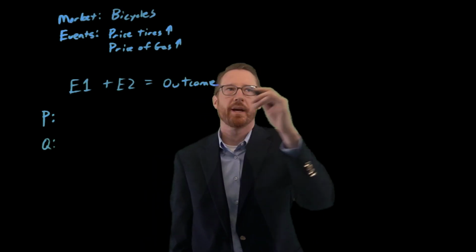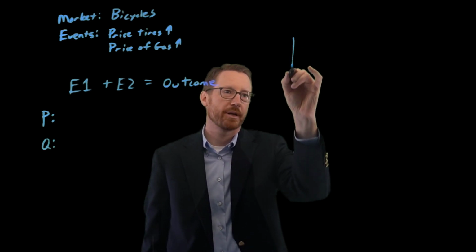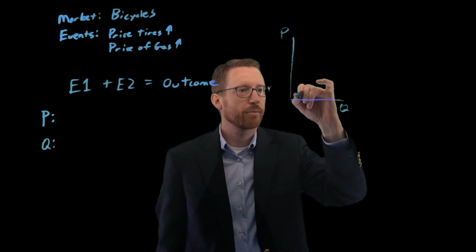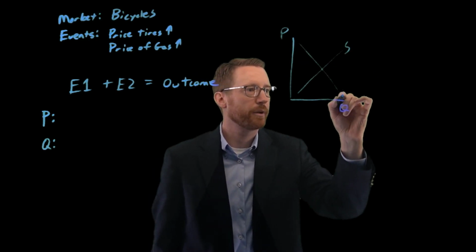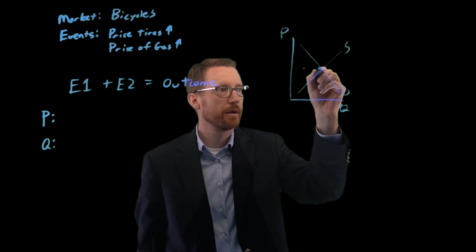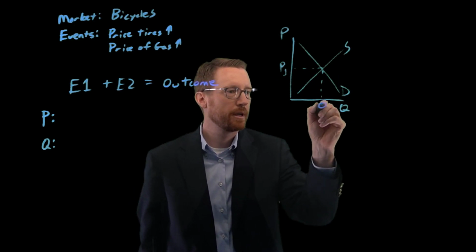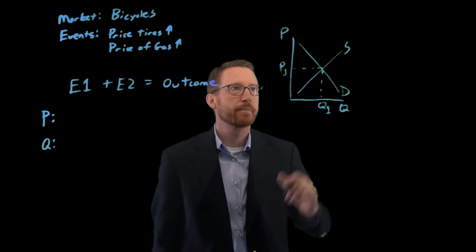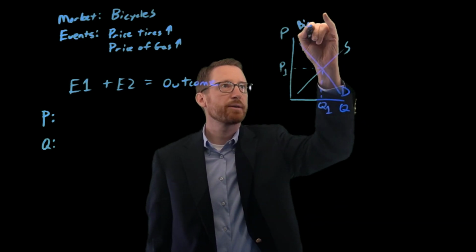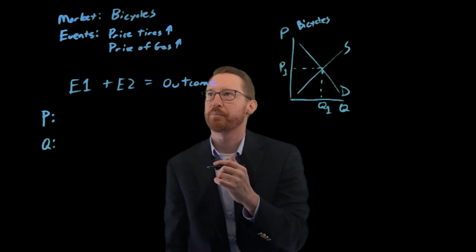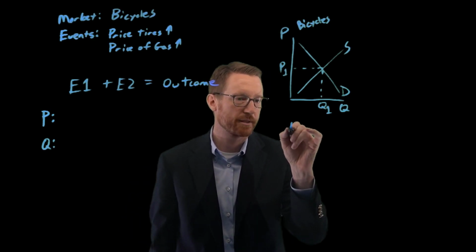So our first event, if we're looking at the market for bicycles, we've got price, quantity, throw in a supply curve, throw in a demand curve. We'll call this P1, Q1. This is bicycles. And we said our first event was the price of tires rises.